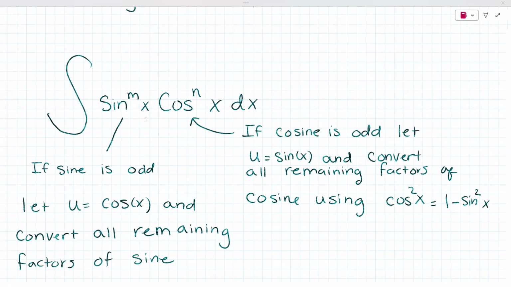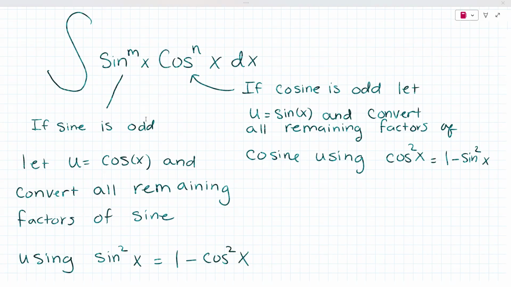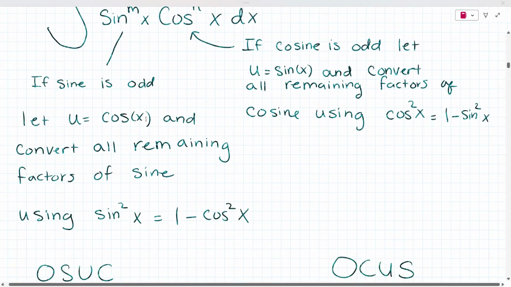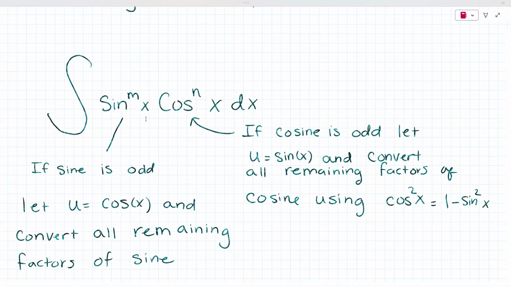The rule states if sine is odd, so if your degree for your sine is odd, you're going to let u equal cosine of x and convert all the remaining factors using your identity sine squared x equals 1 minus cosine squared x. If your cosine is odd, let u equal sine of x and convert all the remaining factors of cosine using cosine squared x equals 1 minus sine squared of x, right?